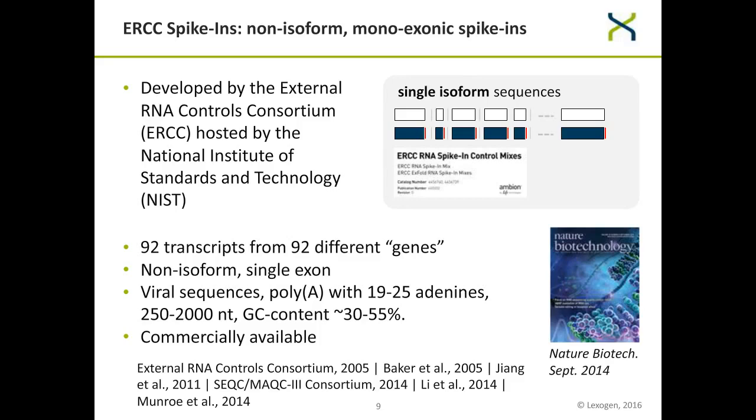One read that I could recommend is the Nature Biotech issue from September 2014. There, the MAQC consortium evaluated many different RNA sequencing platforms and workflows, and they also evaluated the ERCCs along with that.